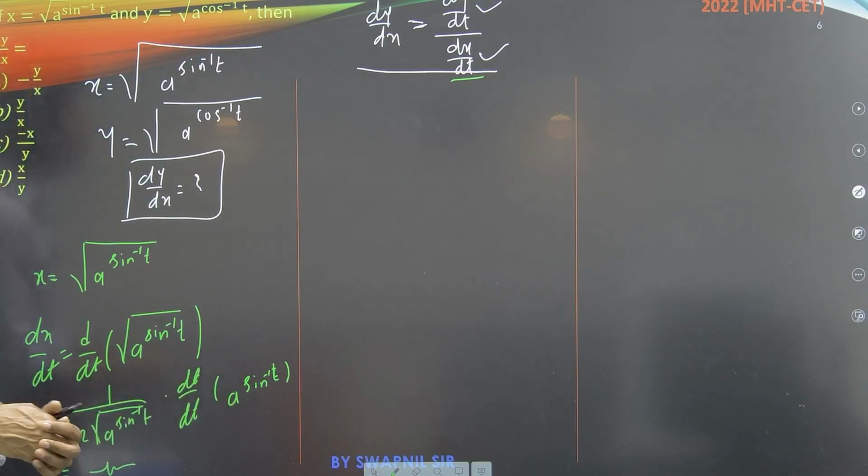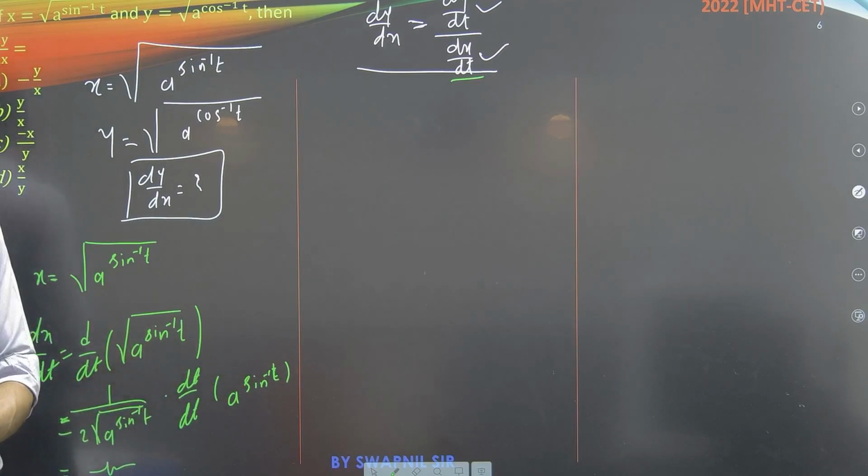We have to differentiate a first. The differentiation of a to the power x is a to the power x into log a. That means a to the power x remains a to the power x, then we differentiate it as a to the power x into log of a.